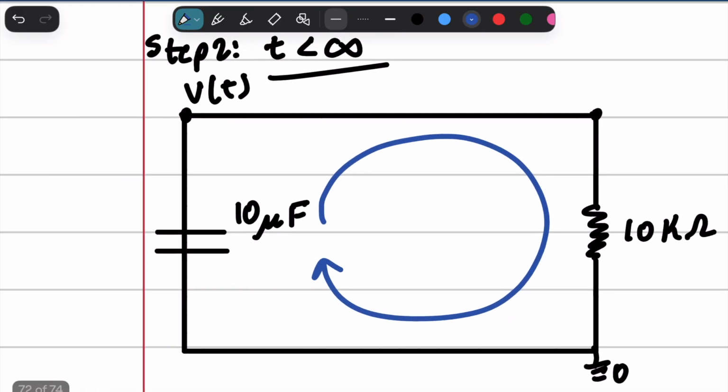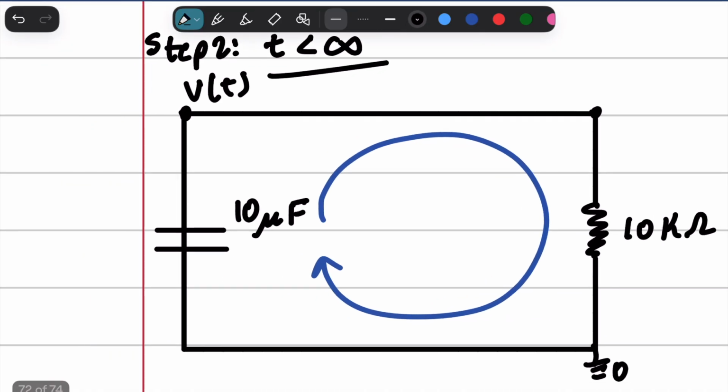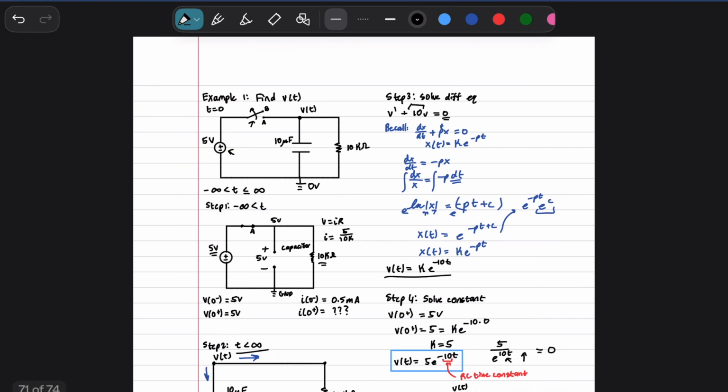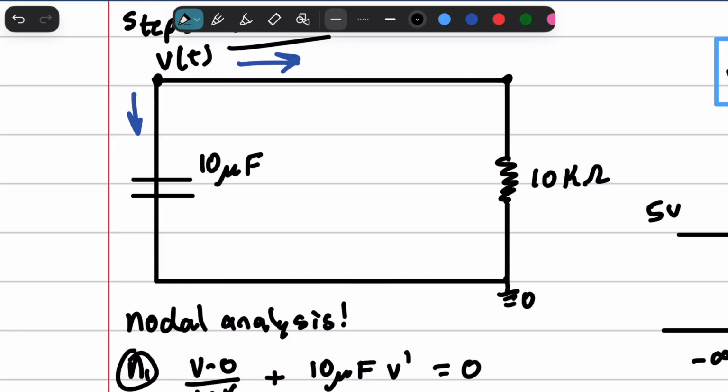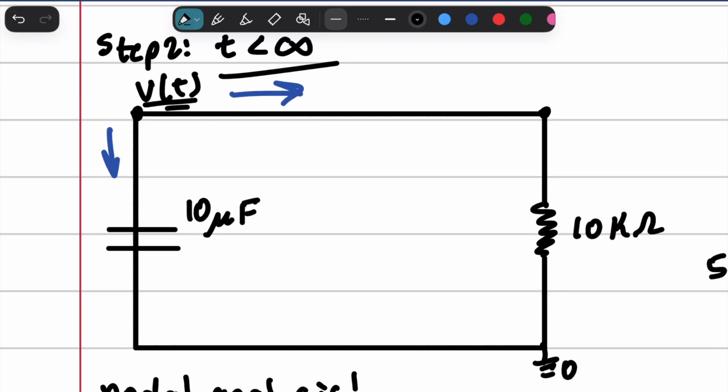Now this is ridiculously important. You need to make sure that when you're doing the opposite of what you should normally do to solve it, for example, if you're trying to find a voltage, you would rather use a nodal analysis than a loop analysis, right?